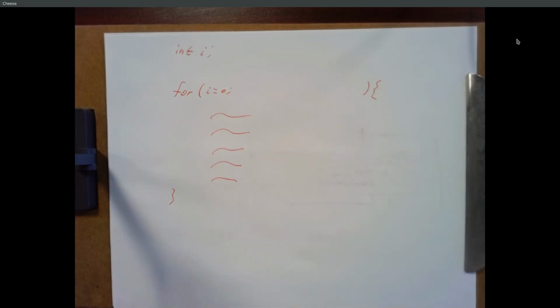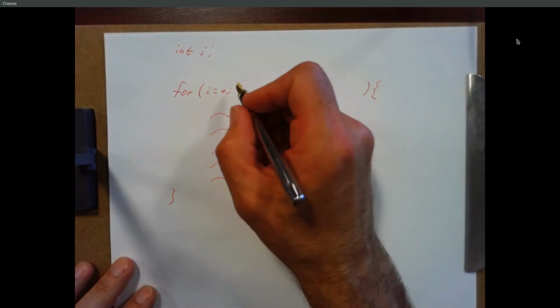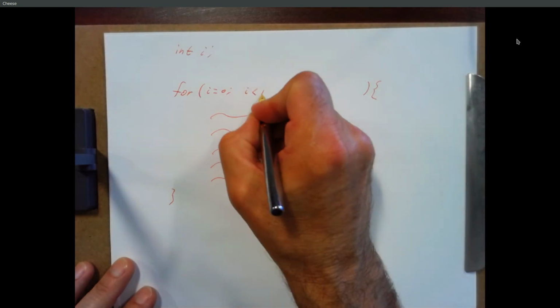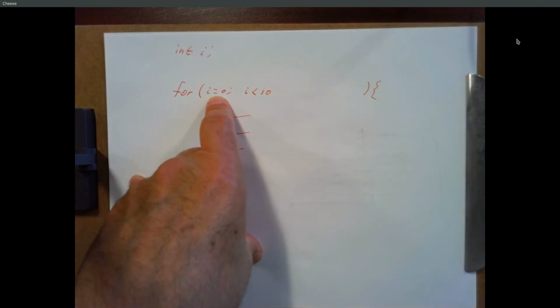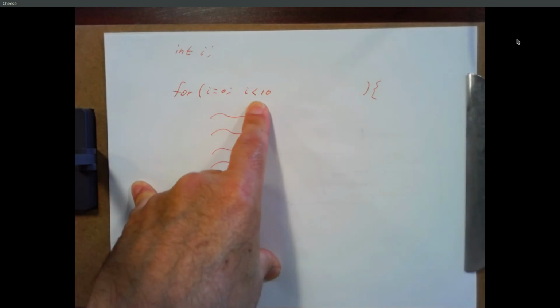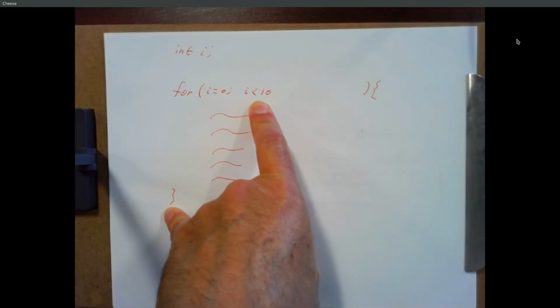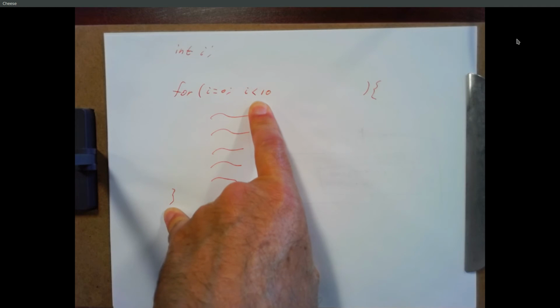The next thing is a true-false statement, a yes-no question. And I'm going to say I is less than 10. So this is an initialization. This is a statement that if it is true, the loop is going to continue looping.